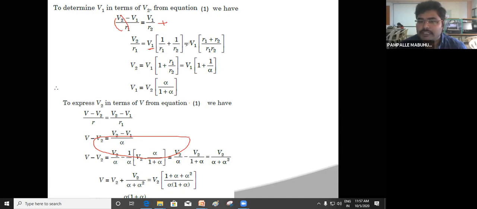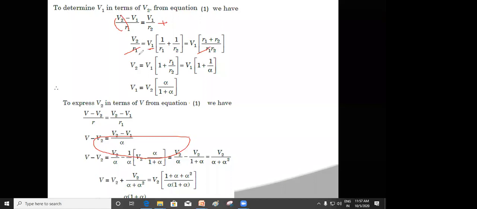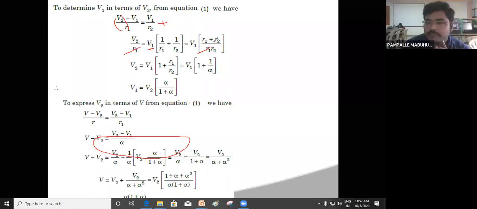Now this can again be written as V1 into (R1 plus R2) by R1 R2. Again, you distribute these two. Then you will get V2 as, here R1 will get cancelled. So then V2 can be written as V1 into (R1 plus R2) by R2. You can write it like this.